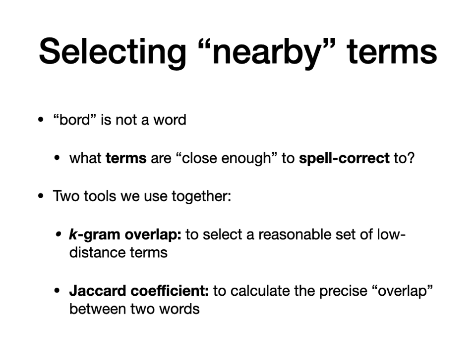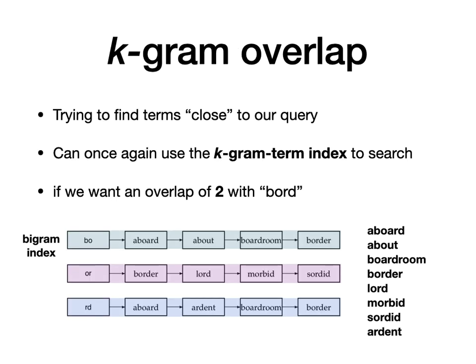So k-gram overlap is basically to select a few terms, and then the Jaccard coefficient will help us really pin down which ones. So what is k-gram overlap? Remember that the goal is to find out what are the closest terms to our bad query. We have the word board.